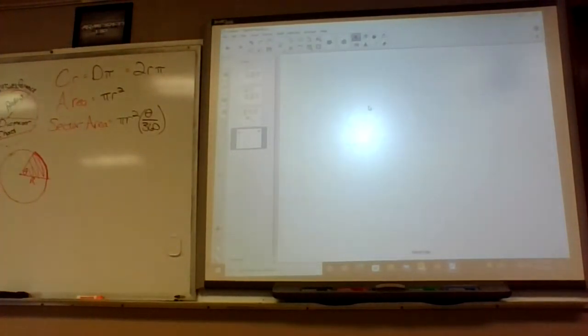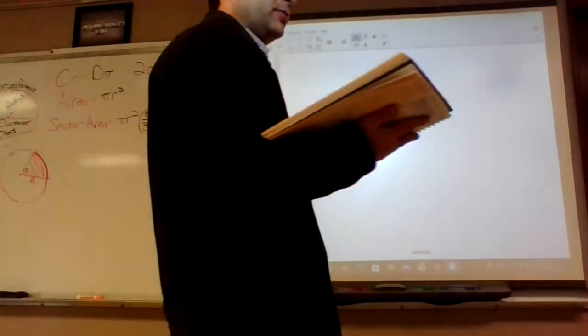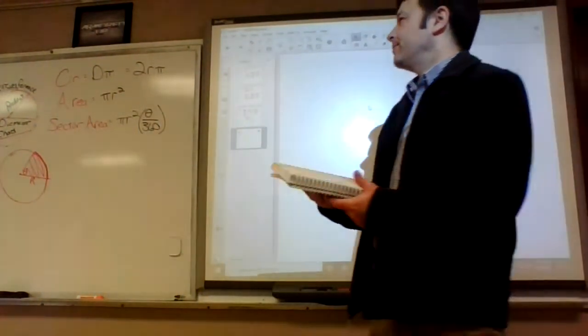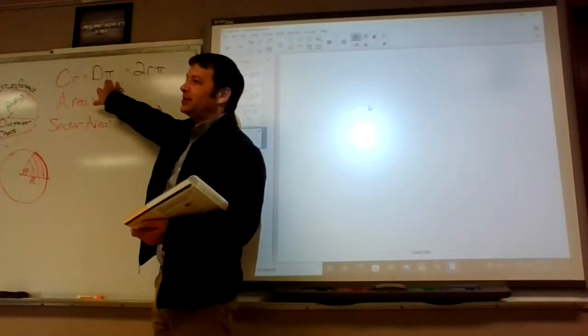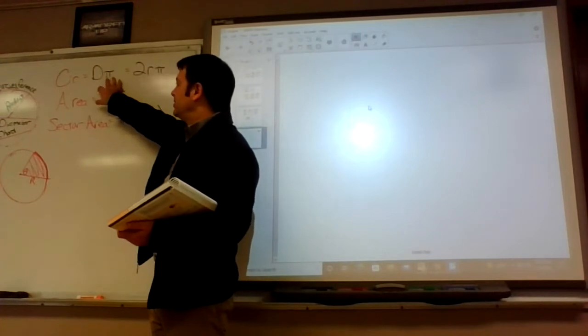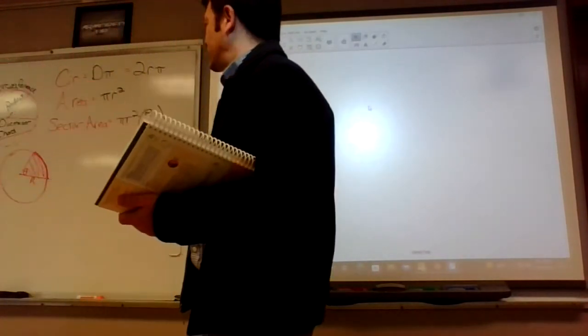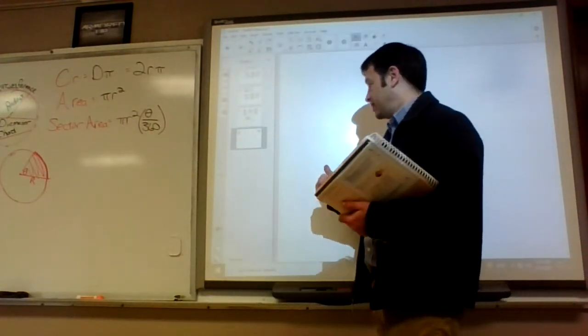What does tenth mean? The first decimal place. What they mean by the exact answer is leave pi in the answer. Pi cannot be written exactly as a decimal number. So write the answer with pi in it and then change it to a decimal and round it off. So we're going to have 2 circumference answers, 2 area answers.